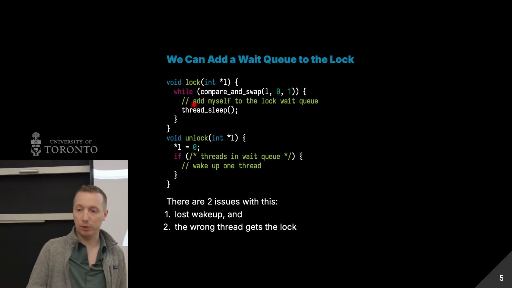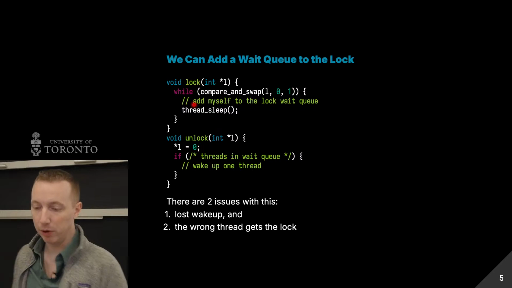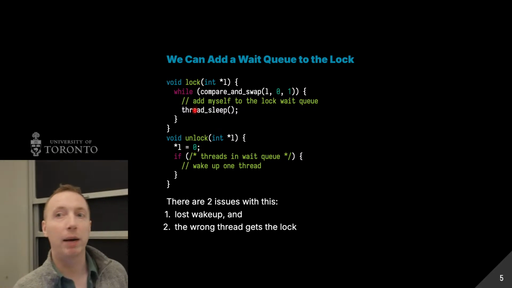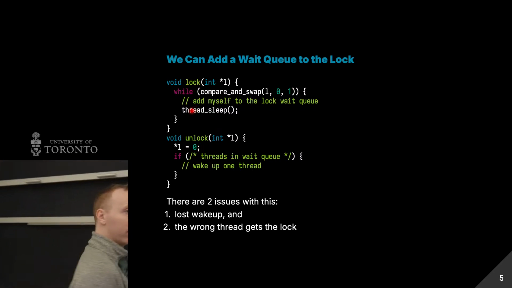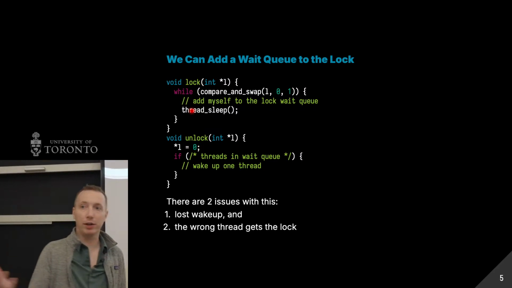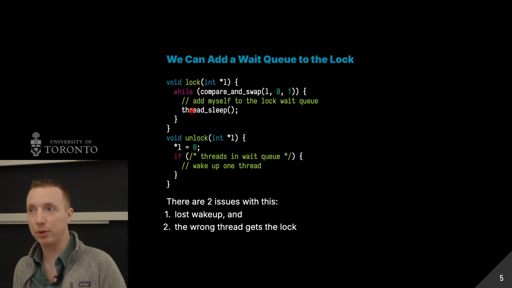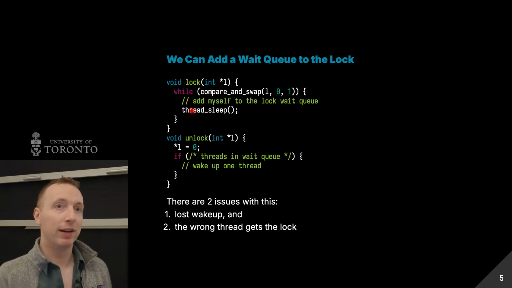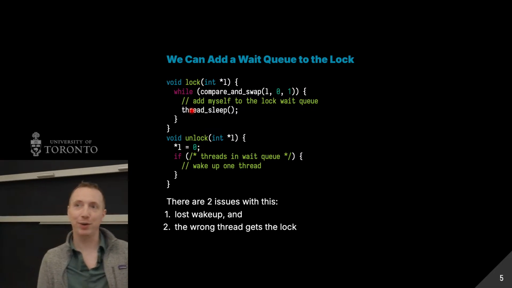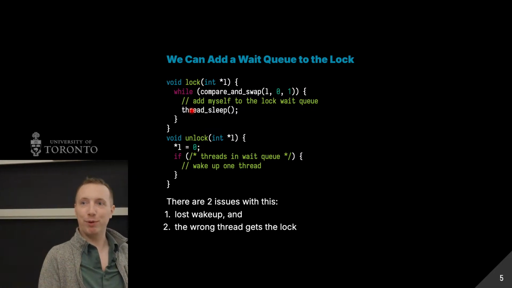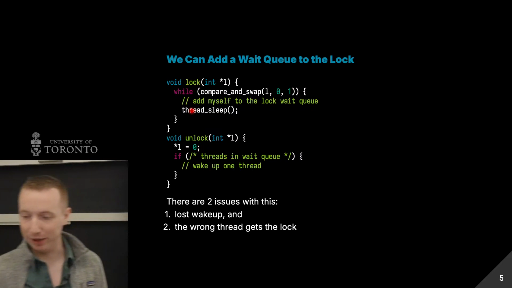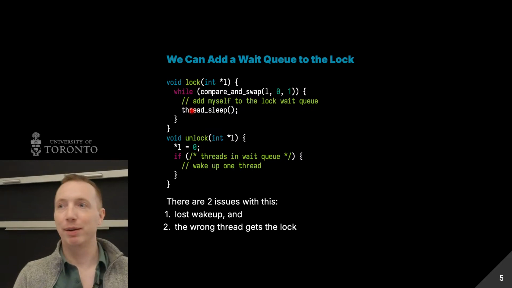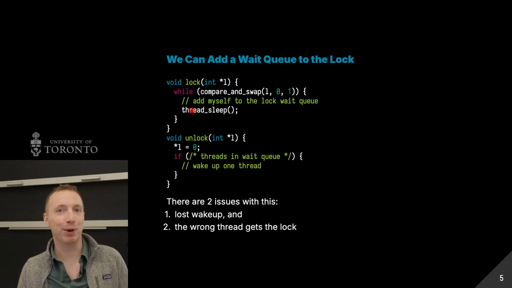Then, instead of yielding, I'm going to go to sleep. And what sleep will do is it will just block you until someone else wakes you up, and then you're unblocked again. So this was also a thing you had to implement in the thread lab before. You had to implement a sleep and a wake up, but I cut that for you, so you're welcome.